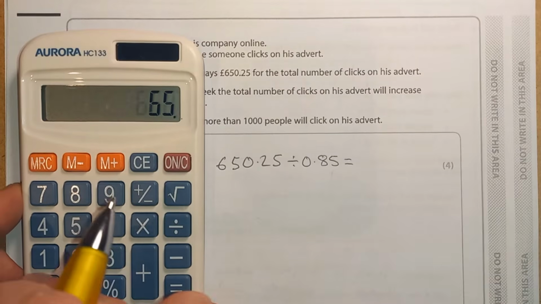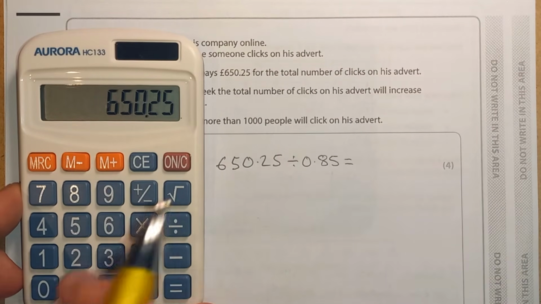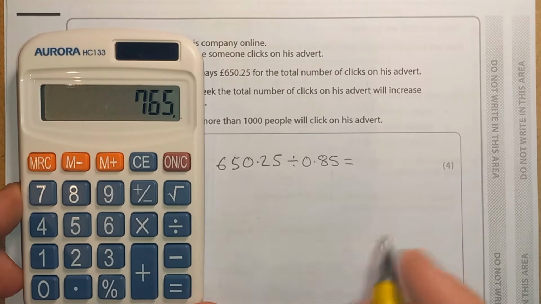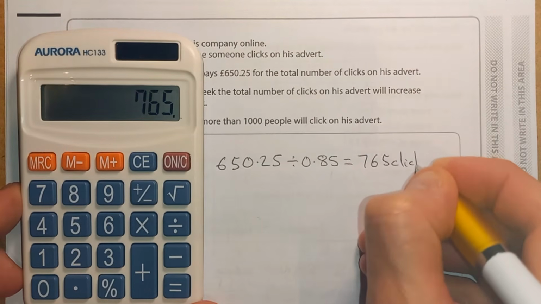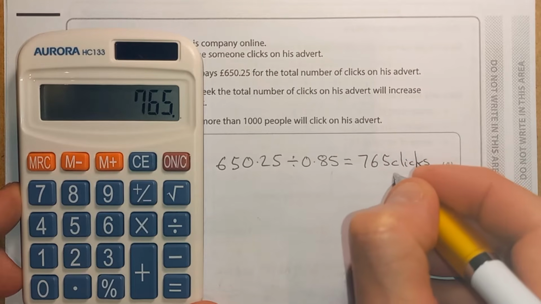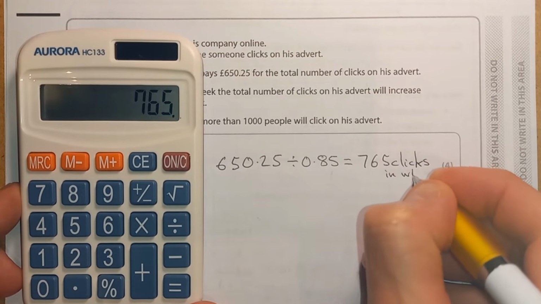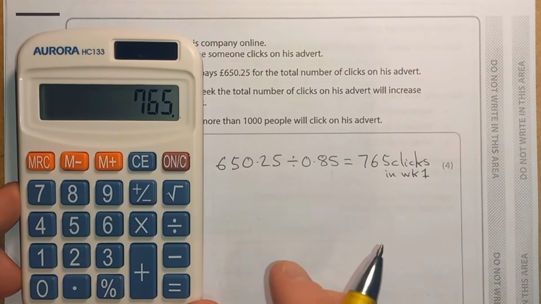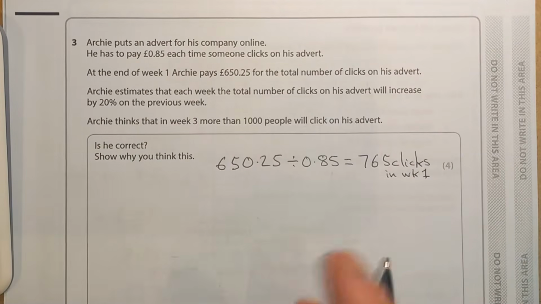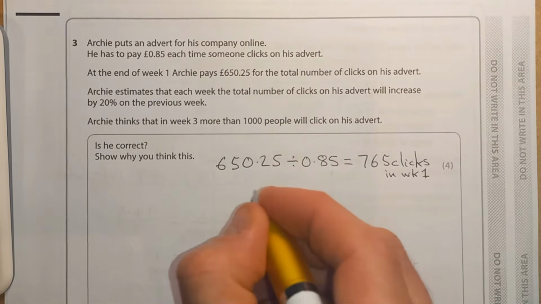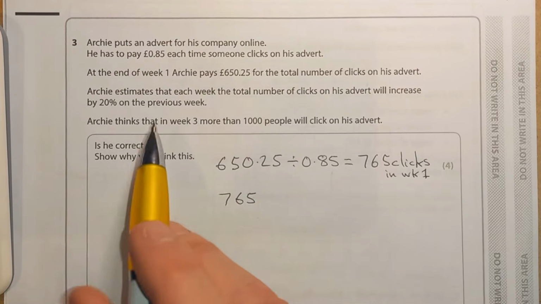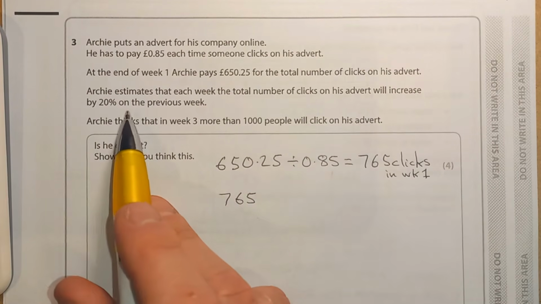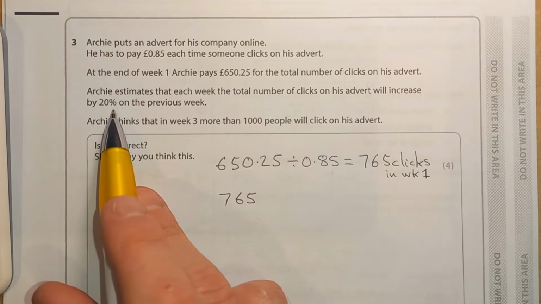So 650.25 divided by 0.85, and you get 765 clicks, and I'll put in week 1. Okay, so 765.